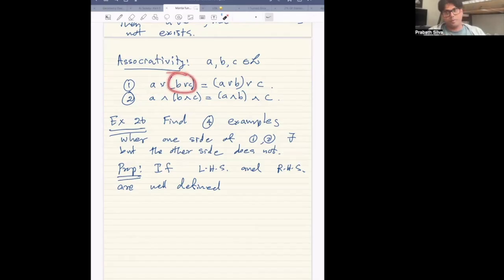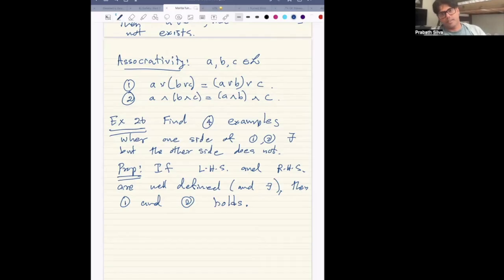That means this has to exist as an element. Okay, well-defined and exist. Then 1 and 2 hold. Okay, so if these things exist, then they're equal.